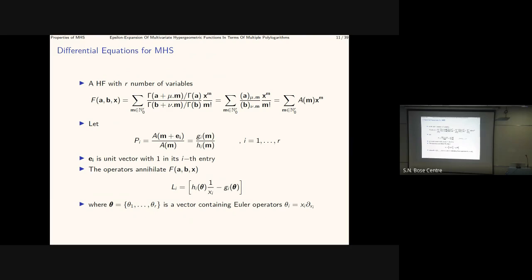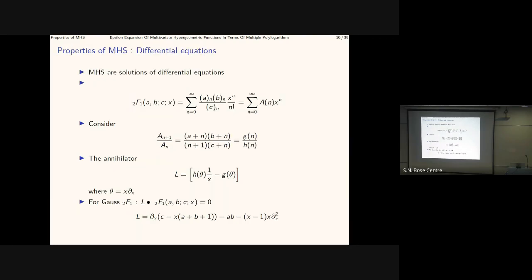In more than one variable, we will have partial differential equations rather than an ordinary differential equation, and these operators will annihilate this function, constructed in the same way as in the previous case.